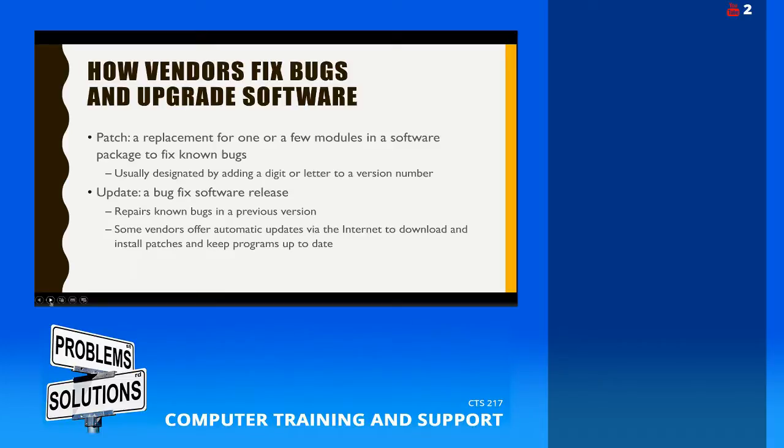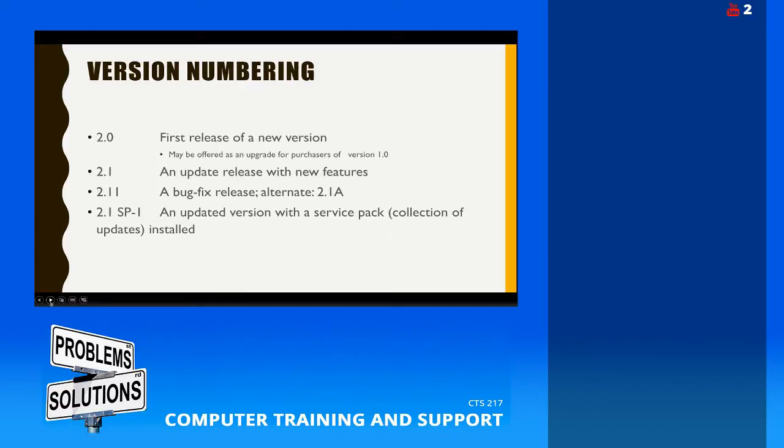So a patch is just a small little fix that fixes part of a piece of software that has a few problems in it, whereas an update is an entirely new version of the software that's fixed a bunch of bugs and that sort of thing. Some vendors offer automatic updates via the internet to download and install patches and keep the program up to date, so you don't even have to worry about it.